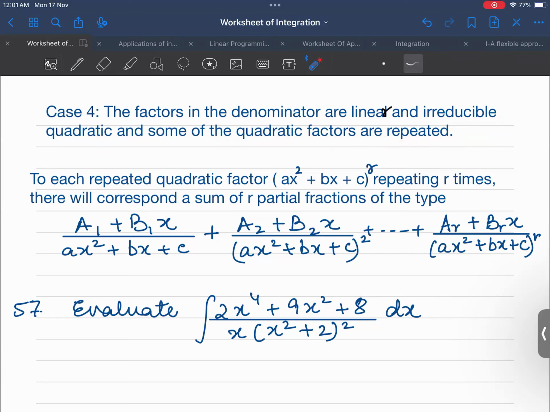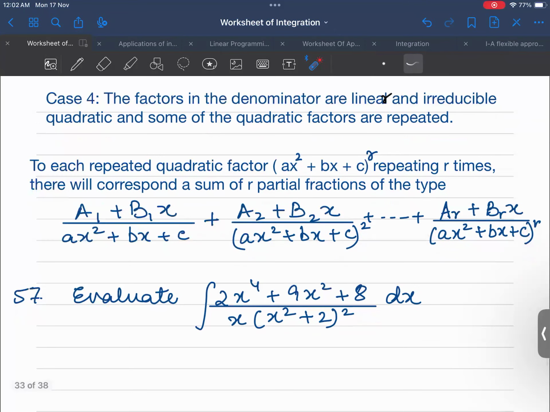To each repeated quadratic factor like ax square plus bx plus c, which is in power r, it means it's repeating r times, there will be a corresponding sum of r partial fractions of the type a1 plus b1x upon the factor, then a2 plus b2x upon the factor to the power 2, and if it is repeated r times, then up to power r, like this. I think you will understand better if you do the question.